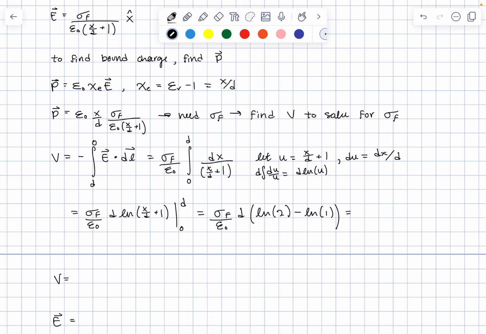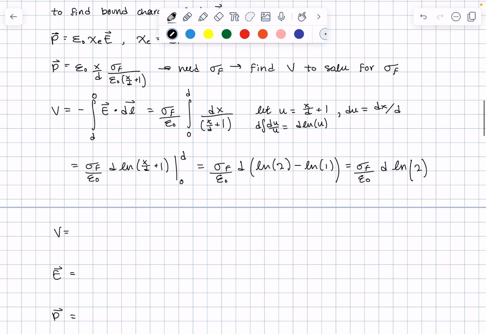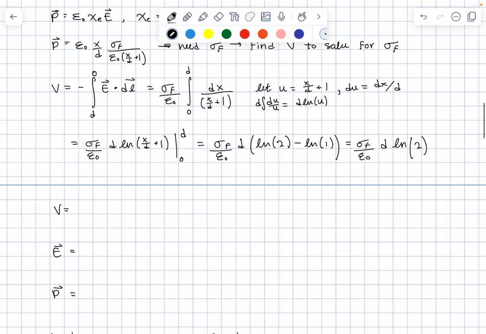And that we can rewrite as our free charge density over epsilon naught times d, and then using our log rules, ln of 2. So therefore, our potential is equal to our free charge density over epsilon naught times d ln of 2. So therefore, our free surface charge density is going to be equal to V times epsilon naught divided by d times ln of 2.